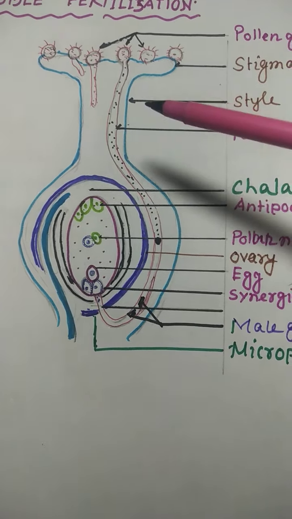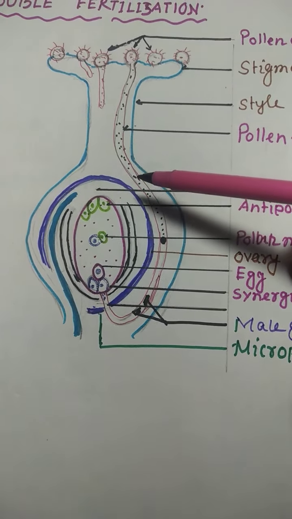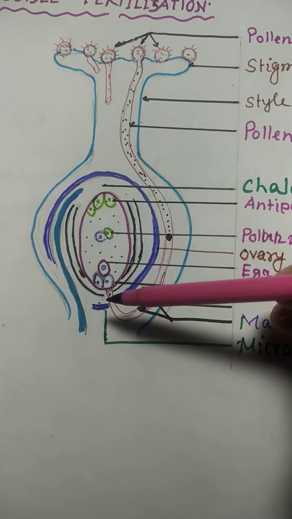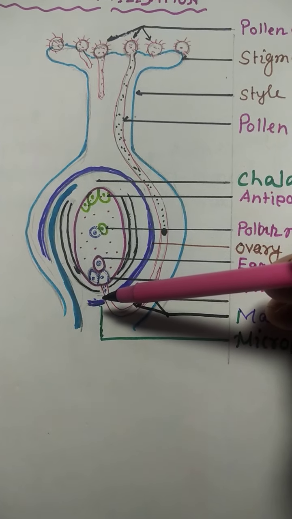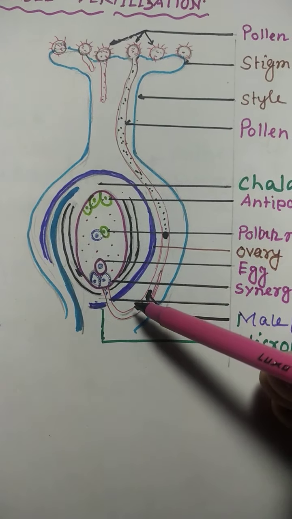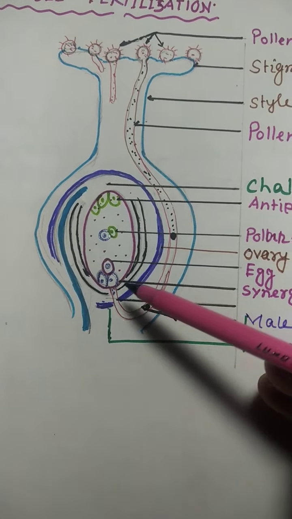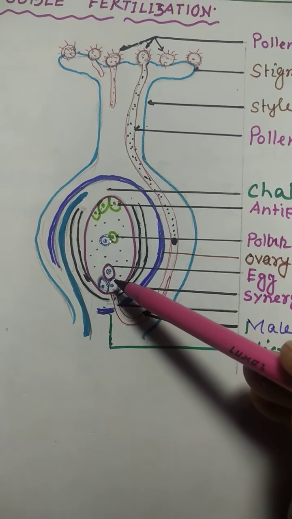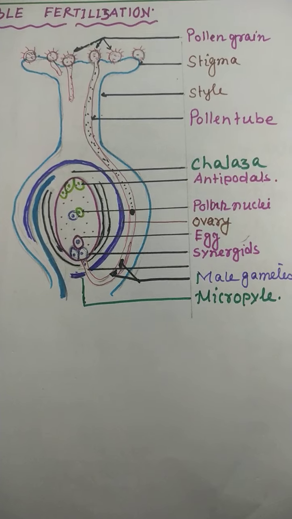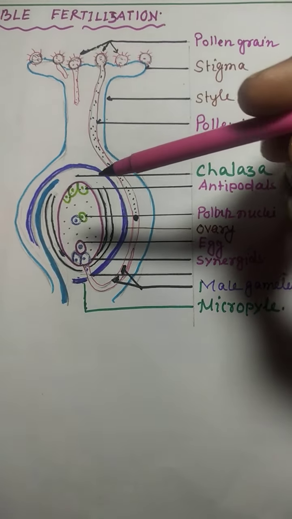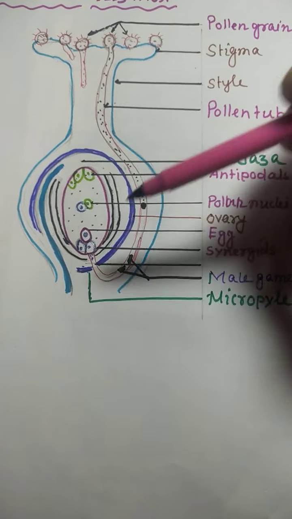The pollen tube grows further and finally reaches the micropylar end and one of the synergids. See, here is the embryo sac ready for fertilization.